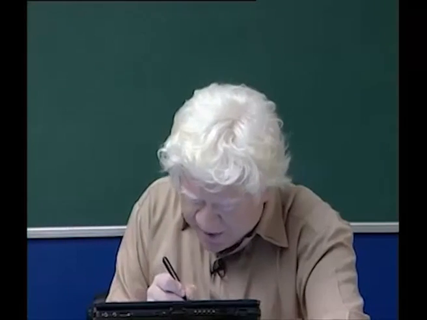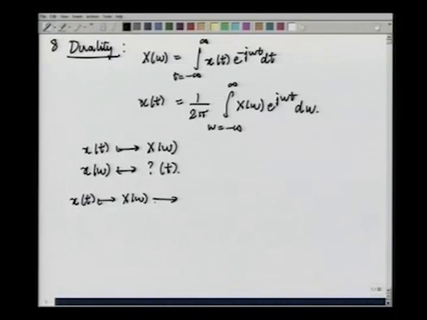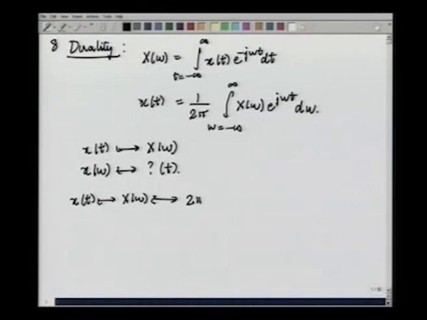So, what happens if we carry out a forward Fourier transform of X(omega) once again? It turns out that you get 2 pi x(minus t). If this is the Fourier transform of this and this is the Fourier transform, then this is what you get.